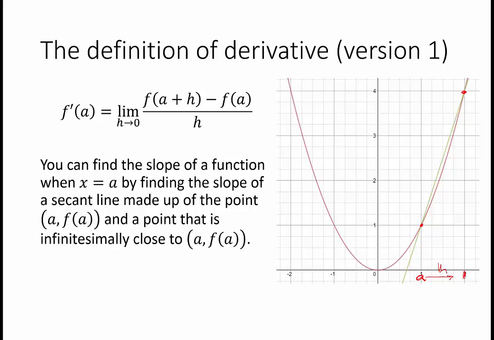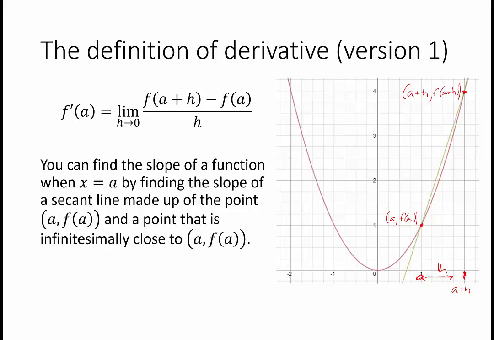So this x value here is a plus h, and therefore my points here are a comma f of a, and this point over here is a plus h comma f of a plus h.